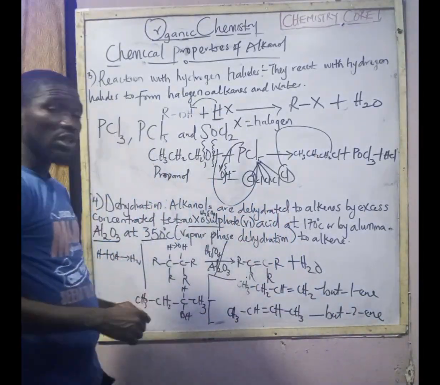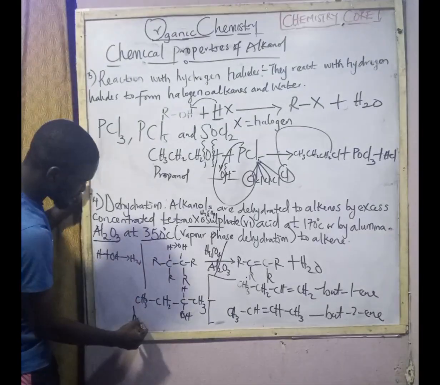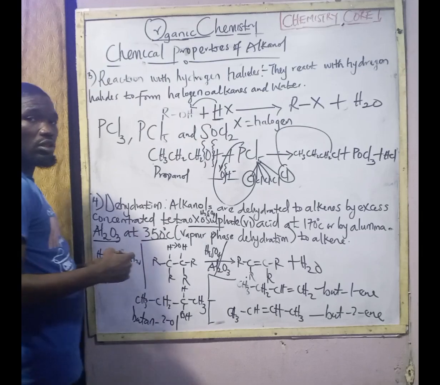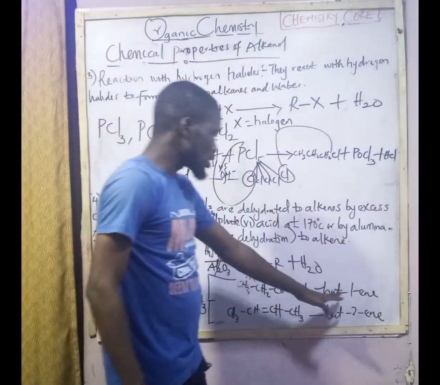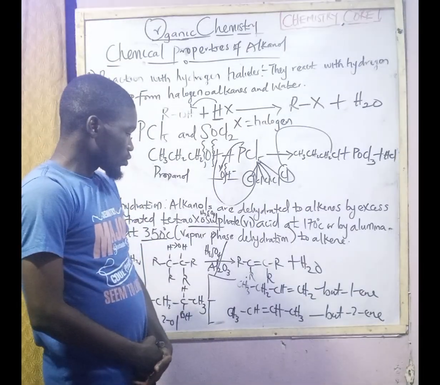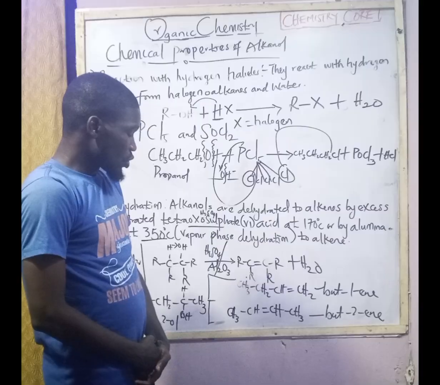That is for the dehydration. So if butan-2-ol is the reactant side, we can have both but-1-ene or but-2-ene. Is that clear?